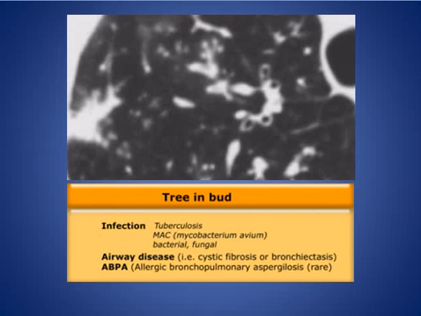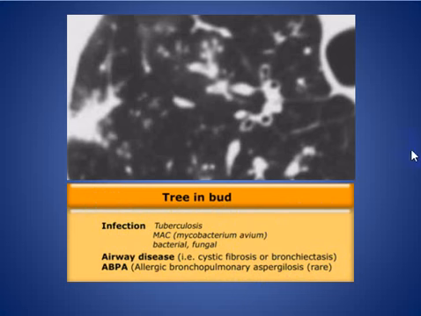Regarding the differential diagnosis, it was previously thought to be specific for TB, but it is not. Nowadays, it is not specific and can be seen in infection, in allergic bronchopulmonary aspergillosis, and in airway diseases like cystic fibrosis and bronchiectasis, and infections like TB, Mycobacterium avium, or other bacterial infection.